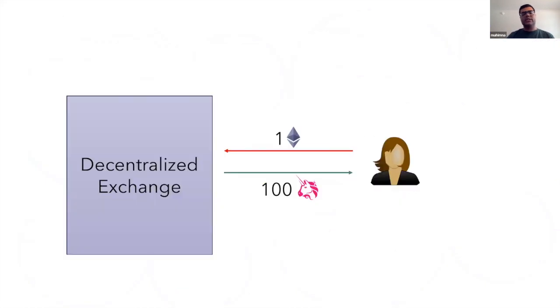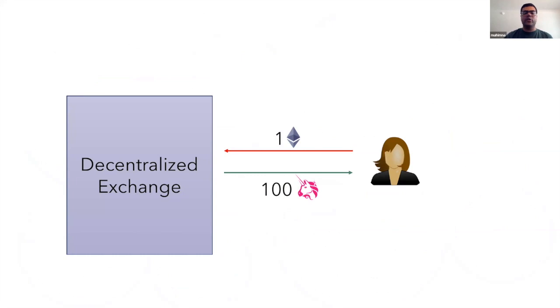Let's take a simple example to see how ordering affects transactions. Take the case of a decentralized exchange, where a user Alice is trying to trade Ethereum for Uniswap tokens. A decentralized exchange allows a user to swap between cryptocurrencies at a rate that's programmatically derived from the exchange.